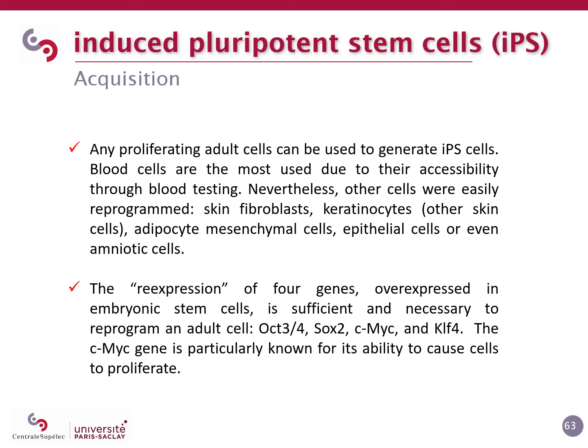The re-expression of 4 genes overexpressed in embryonic stem cells is sufficient and necessary to reprogram an adult cell. The c-MYC gene is particularly known for its ability to cause cells to proliferate.